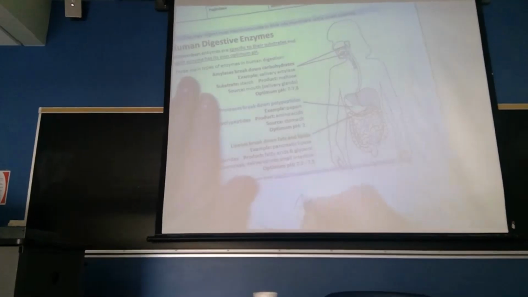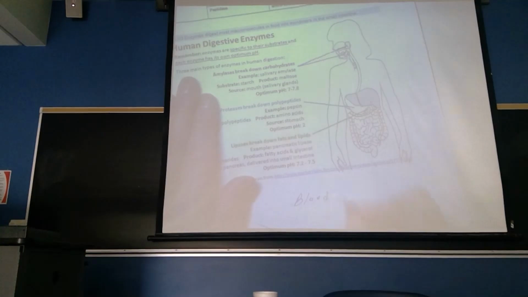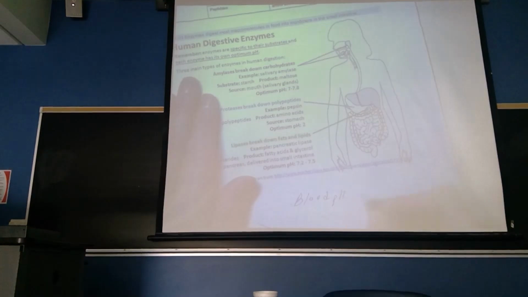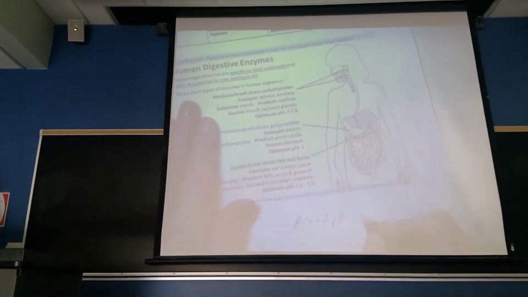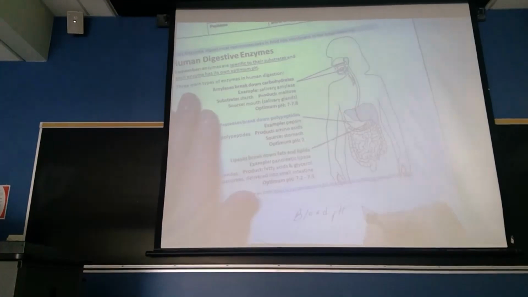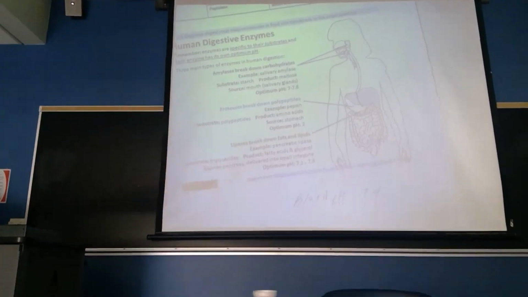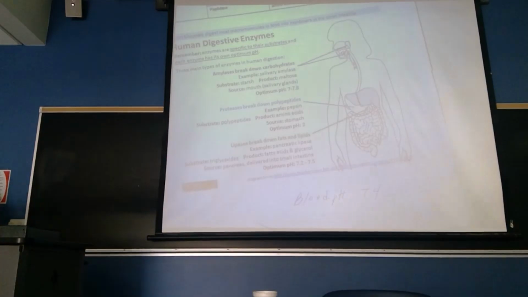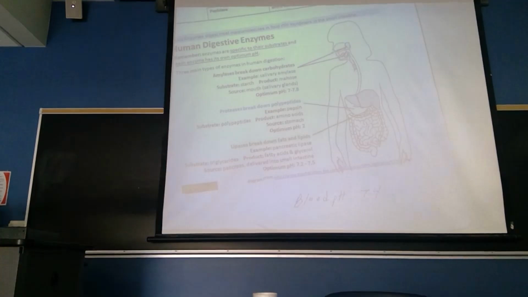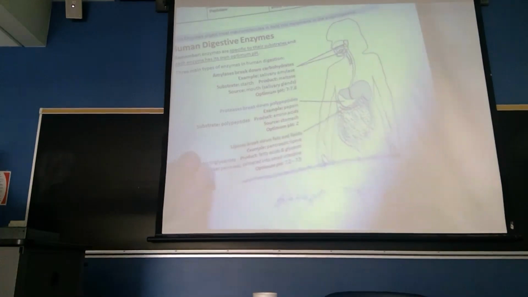And blood pH is buffered to what? 7.4. And we have buffers that help to keep that within a small range. Bicarbonate to add more base to it, carbonic acid to add more hydrogens for acids.